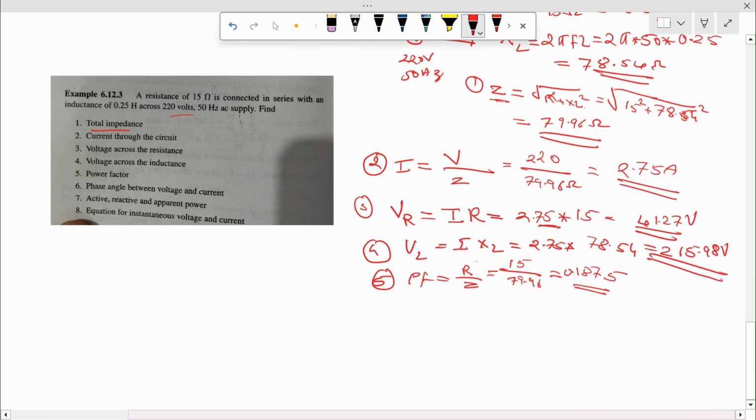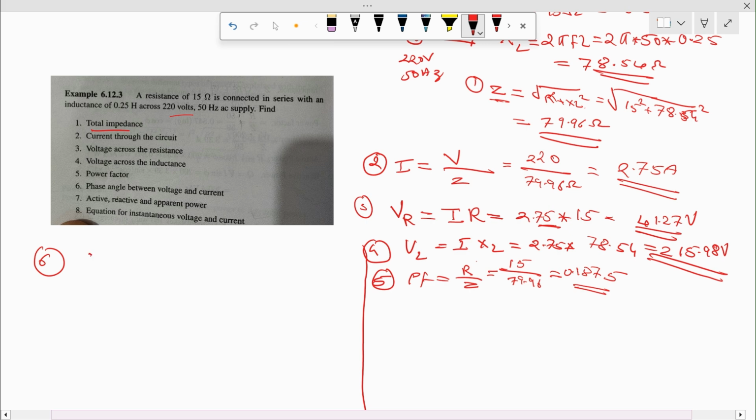So what is the sixth part of the question? Phase angle between voltage and current. We have to find the phase angle. In our RL circuit, the phase angle will be the cos inverse of that power factor.